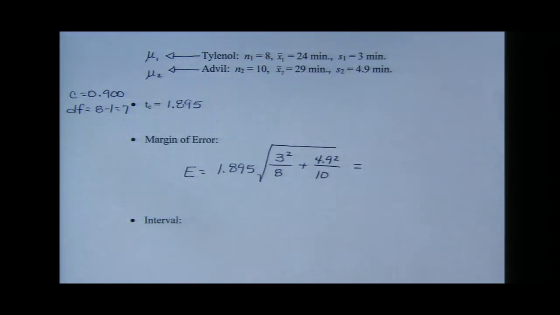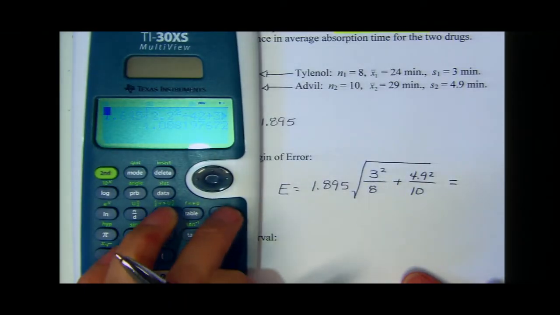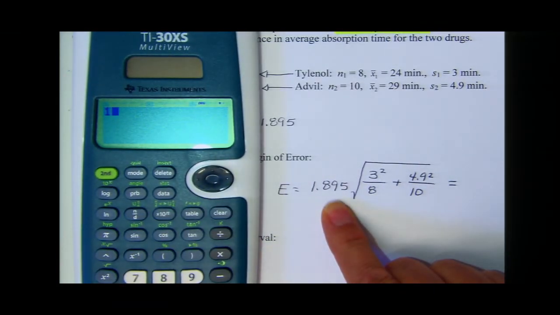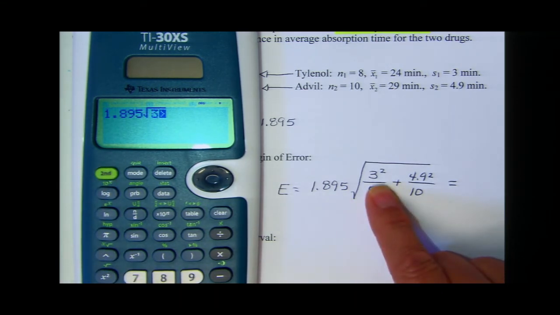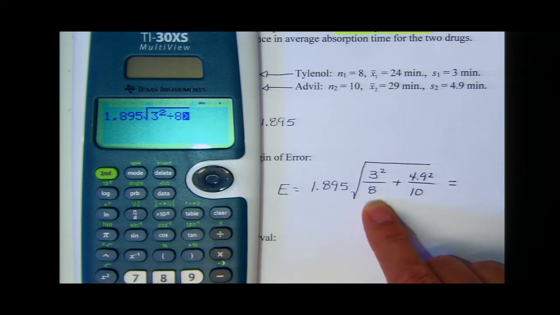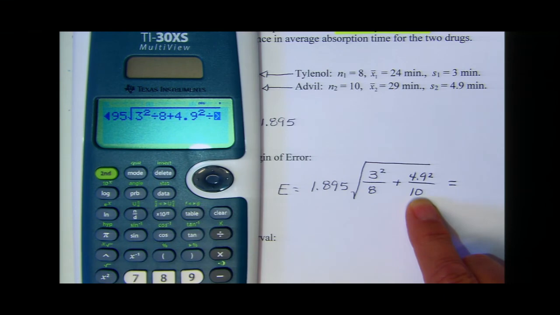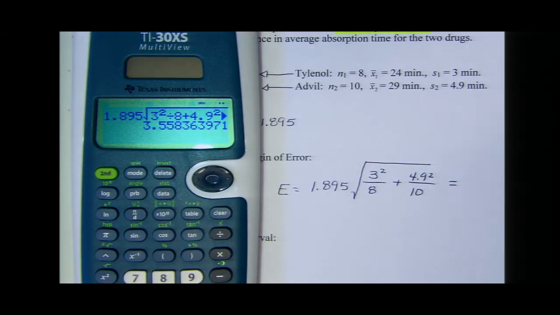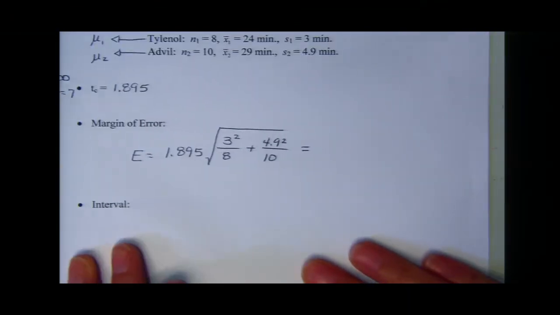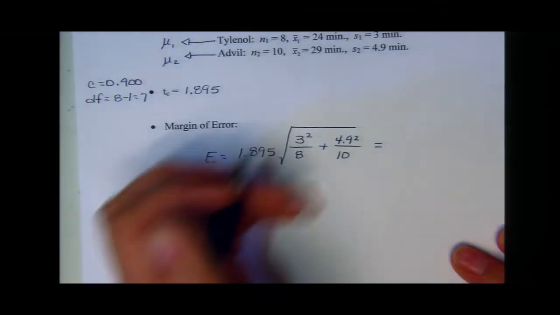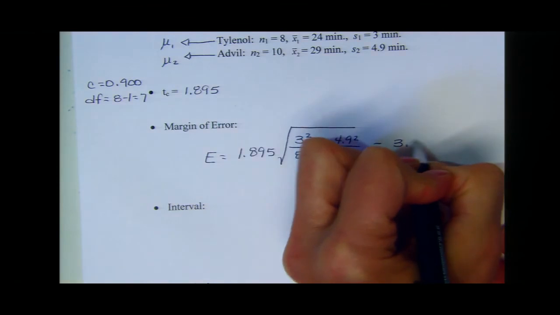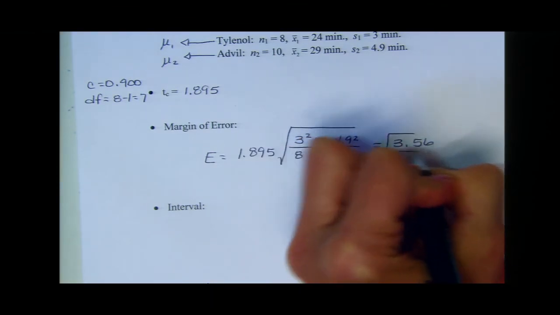When you put that into your calculator, 1.895 times the square root of 3 squared divided by 8 plus 4.9 squared divided by 10, come out from under the radical, you get approximately 3.56. Again, I'm rounding to 2 decimal places. Be careful on WebAssign.